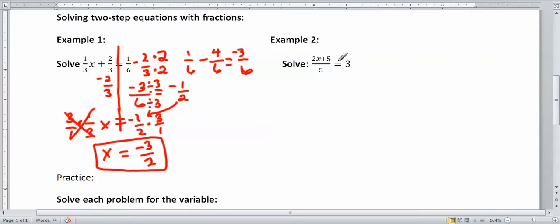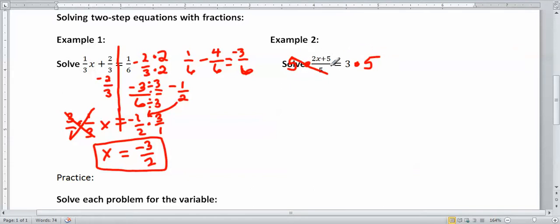On my second example, it looks a little bit different because I'm taking 2x plus 5 and dividing the whole thing by 5. So before I can get x by itself, I have to get rid of this division by 5. Remember, this bar just means that I'm dividing, and the opposite of division is multiplication. So to get rid of this division by 5, I'm going to multiply both sides by 5. When I do that, this becomes 1.